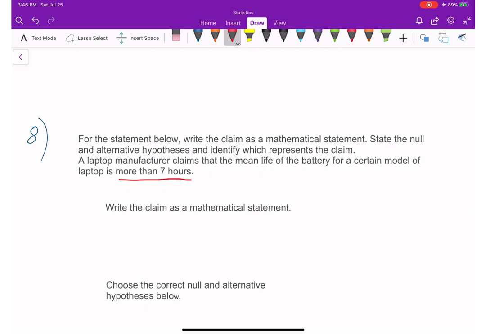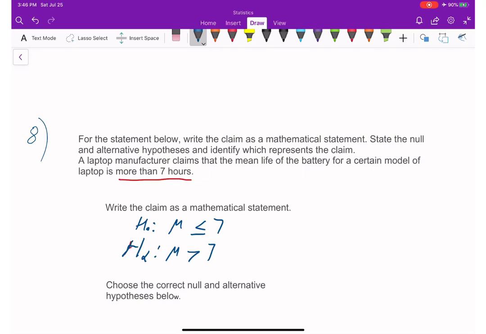So more than 7 hours, that's an alternative hypothesis, which means, oops, blue color, H alternative is mu greater than 7. And complement, in this case, it's going to be mu less than or equal to 7. Okay?